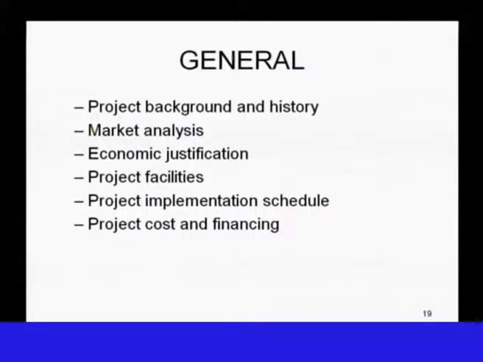Project facilities. Project facilities evidently include the basic ones, that is land or area, civil engineering works, power, water, fuel, gas, manpower analysis, machinery and equipment, both locally available and imported.